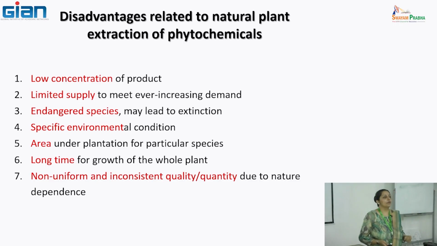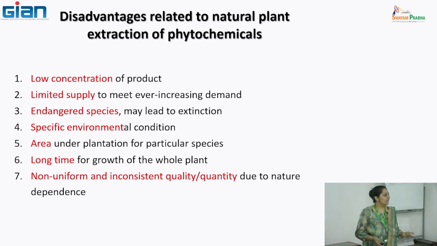I gave you an example of Nothapodytes nimmoniana. It takes 7 to 8 years to reach maturity, after which camptothecin has to be taken non-invasively from the bark of the tree. So there's a limitation and there's a time involved, and obviously the productivities then go low. For example, in Azadirachta indica, azadirachtin is extracted mainly from the seeds, but they are produced only twice a year. So one has to wait that long, then harvest the seeds and extract azadirachtin.